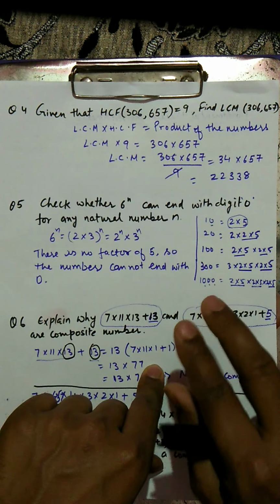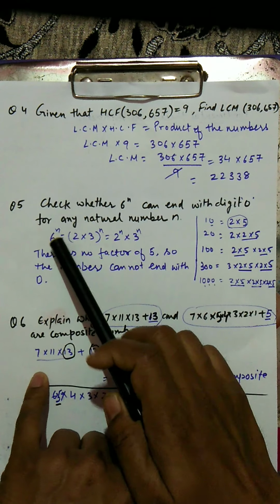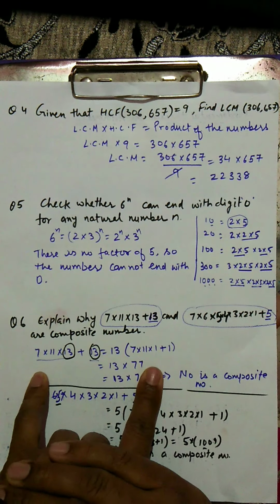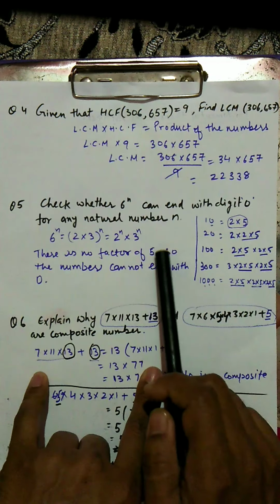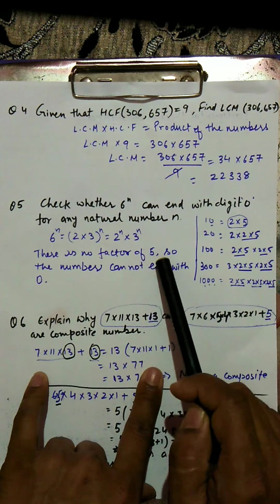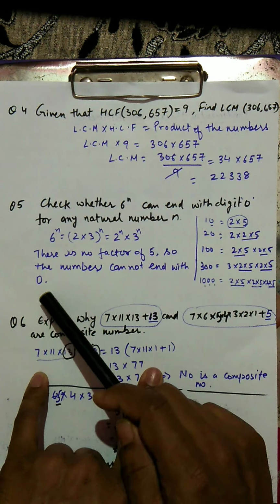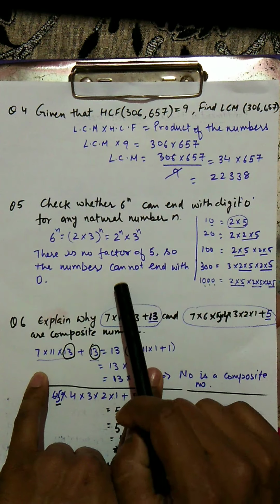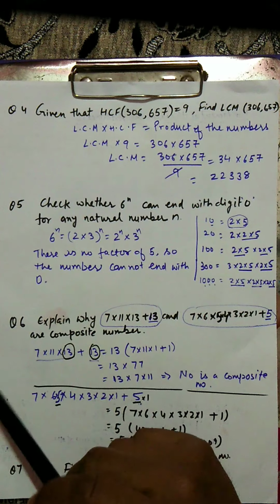So now you see this question, 6n can be factorized as (2 into 3) to the power n, that is 2^n into 3^n. You can see there is no factor of 5, so the number cannot end with 0. This reason is sufficient to mention, and this is generally asked for 1 mark or 2 marks.